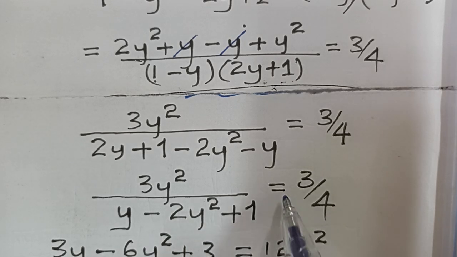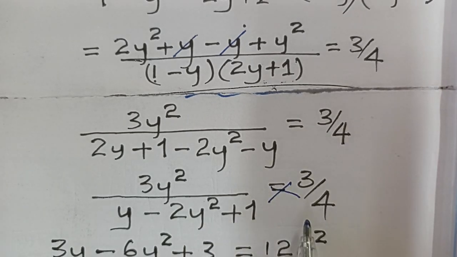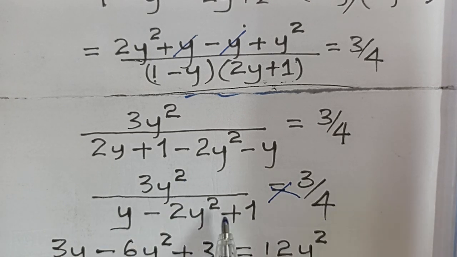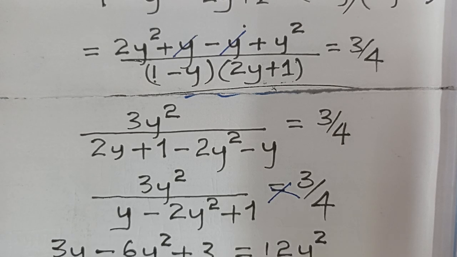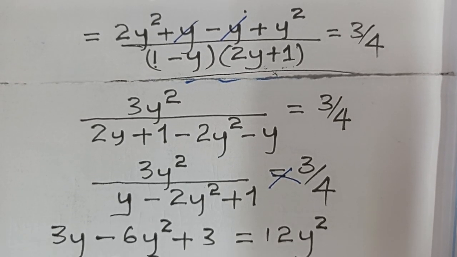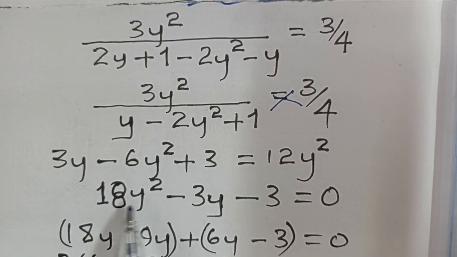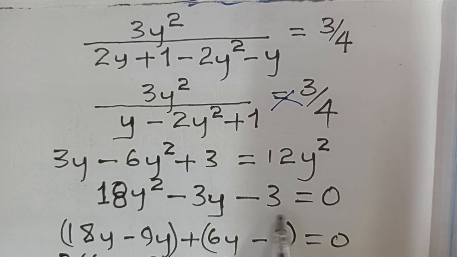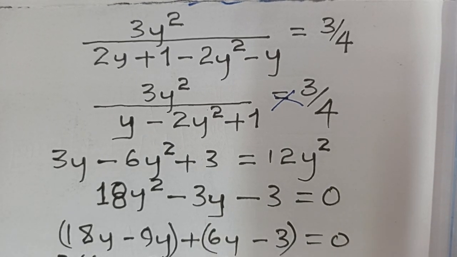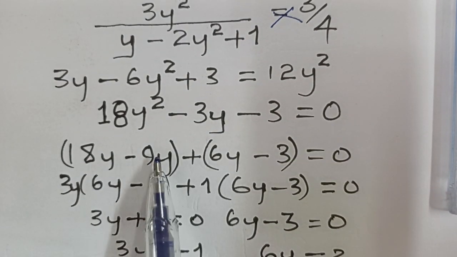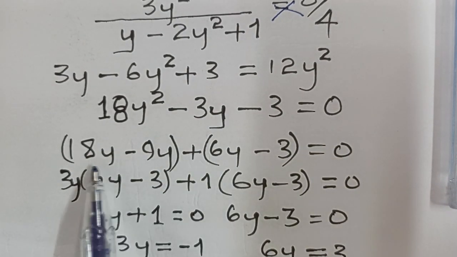Guys, this gives us 3/4. We can now cross multiply. When we cross multiply, we get 12y squared due to 3y squared times 4. And then on this other side, we get 3y minus 6y squared plus 3. Guys, we can form a quadratic equation with that. And here is our quadratic equation: 18y squared minus 3y minus 3 equals 0. Now solving that quadratic equation, I had to find the factors, and this is how I have found the factors.